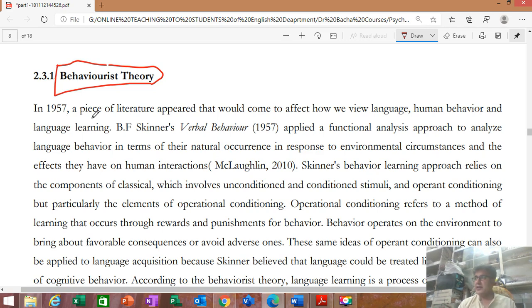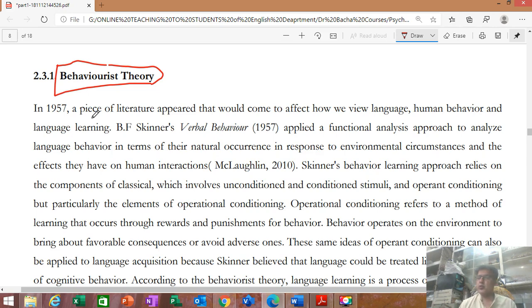So obviously, in 1957, something regarding language appeared which really caused some trouble in the world of languages, and that would really make us rethink our thoughts about it.